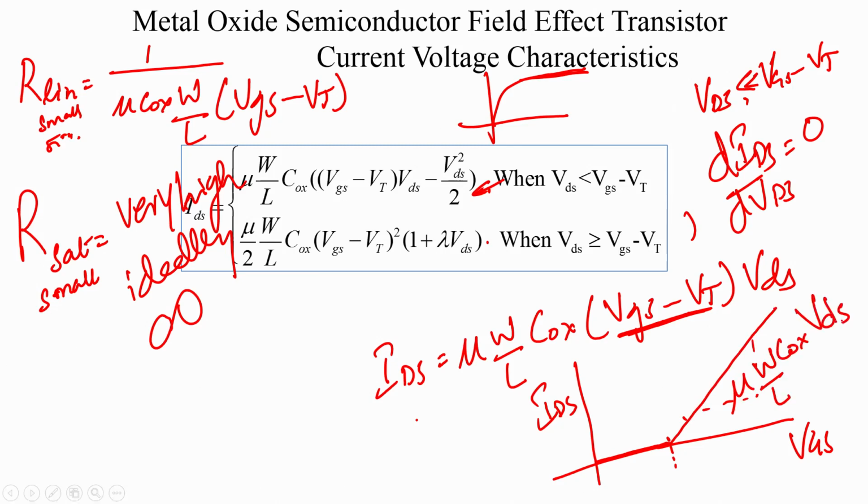That is the slope of the transfer characteristics when the MOSFET is in linear mode operation. And what is the x intercept of this characteristics? It will be Vt. You can work it out and see.